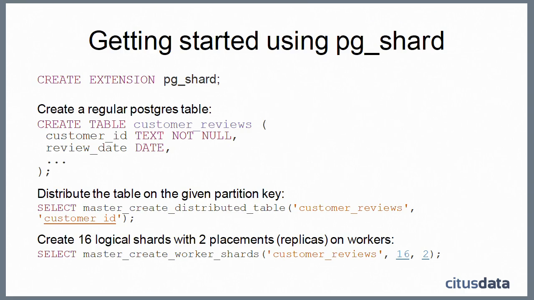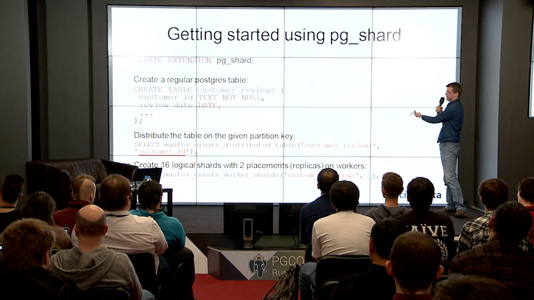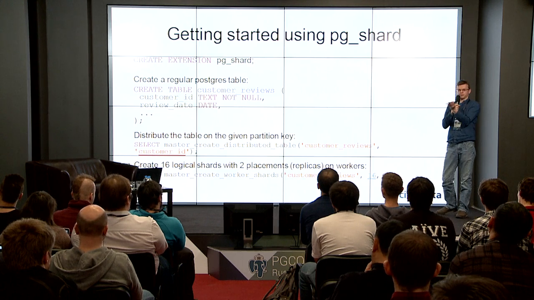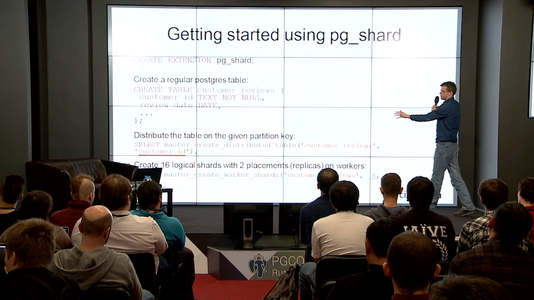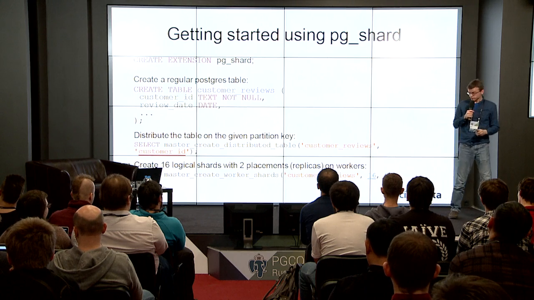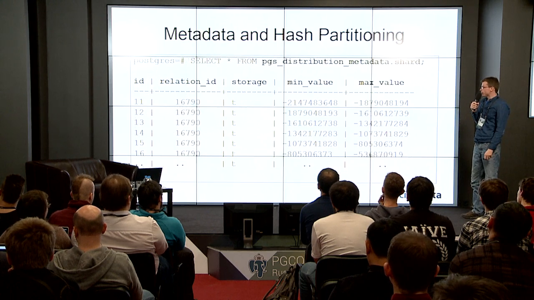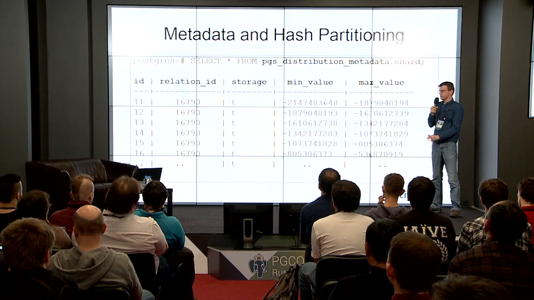Now what will happen here is that the master will connect to all the workers to essentially recreate this table, but then with the shard ID suffix, if you remember. And also any indexes that you've placed on that table will be forwarded along with it.